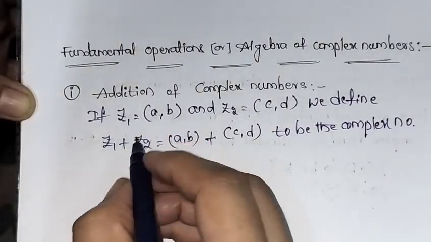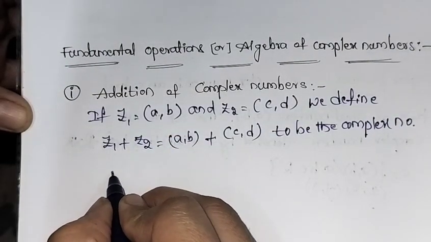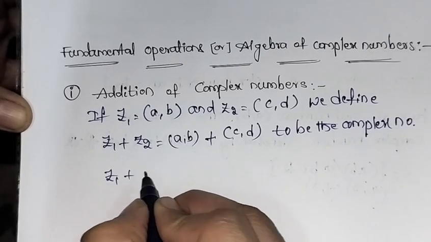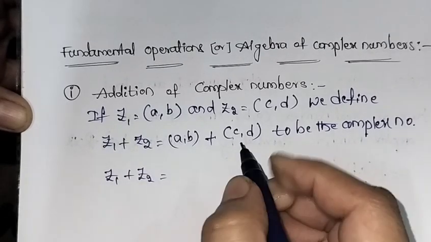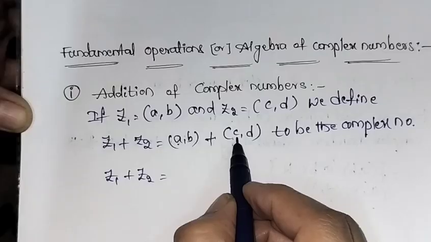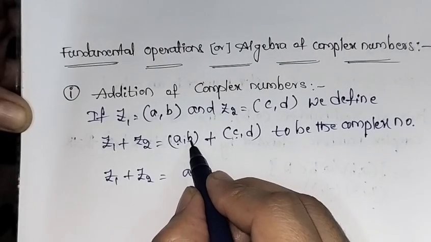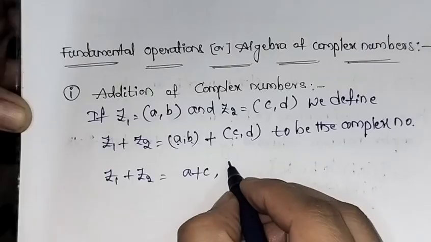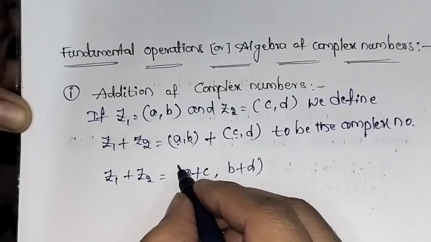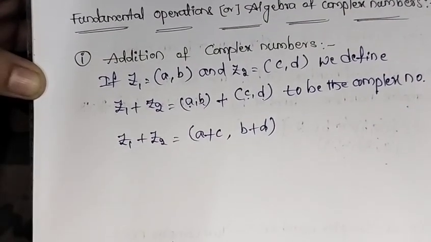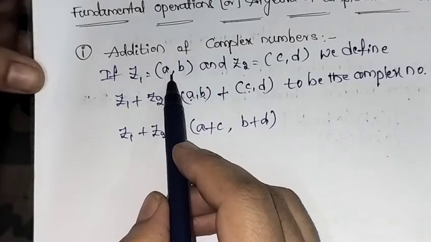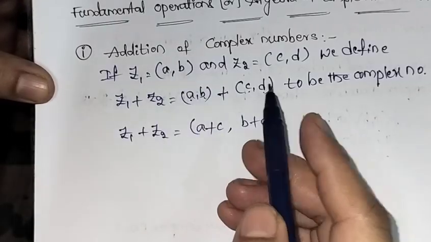Addition of two complex numbers: z1 plus z2 equals add corresponding real parts and add corresponding imaginary parts, b plus d. So this is in ordered pair. You can write in a plus ib form.